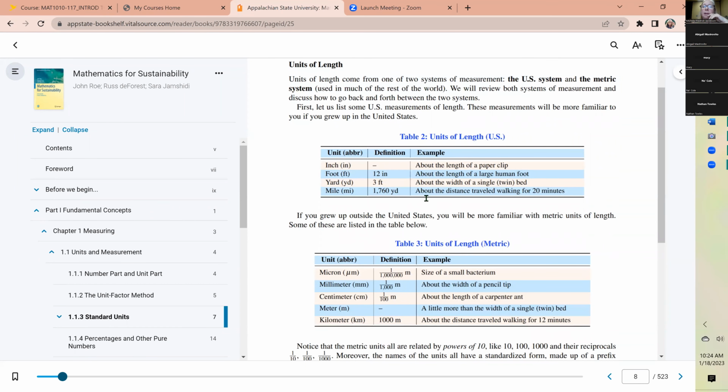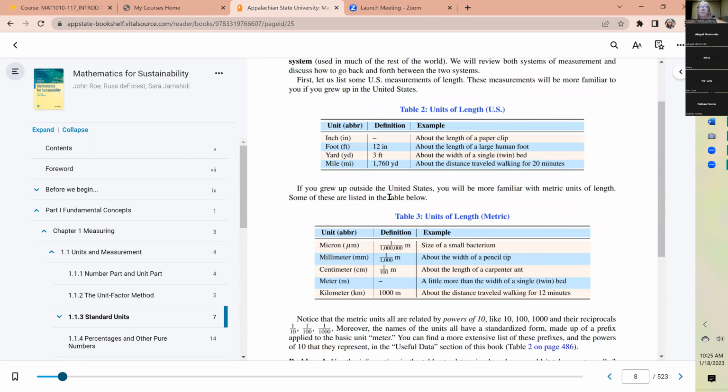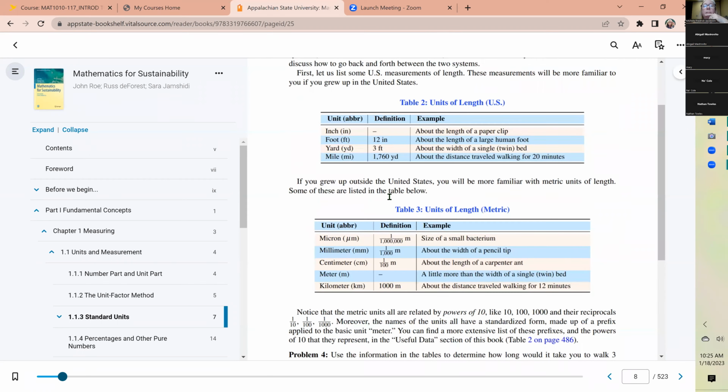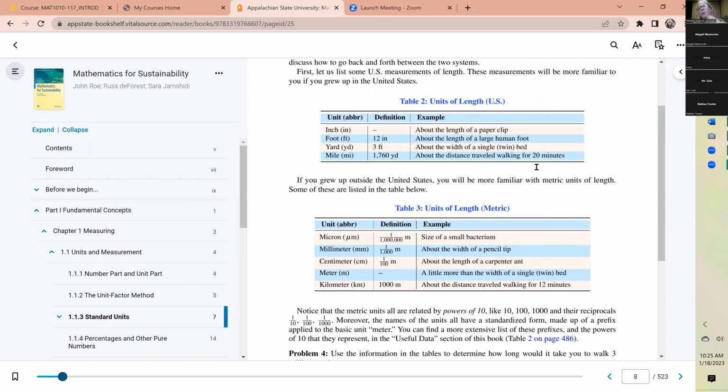The width of a single twin bed, I didn't know that one, is 3 feet. I go by my arm span is a little under 3 feet, one arm. Your entire arm span from one finger to the other is approximately your height. A mile, about the distance traveled for 20 minutes walking.